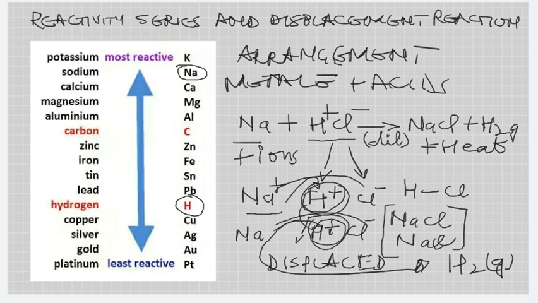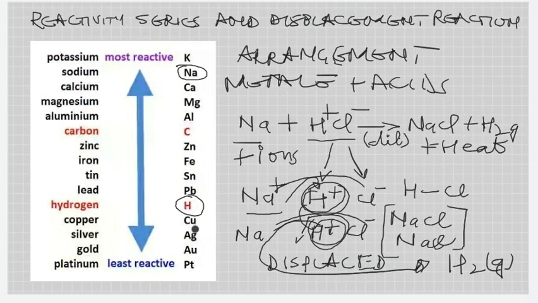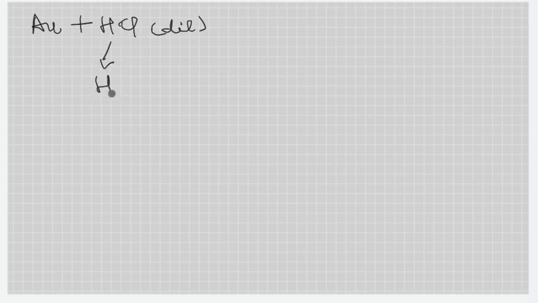Now let us look at another example. Let us look at a particular element. Let us say gold. Can gold react with hydrochloric acid? In the last session we studied that the symbol for gold is Au. When gold is added to hydrochloric acid, will some reaction take place? So let us say this is also dilute. Dilute hydrochloric acid means we have hydrogen positive ions and chloride negative ions in the solution.